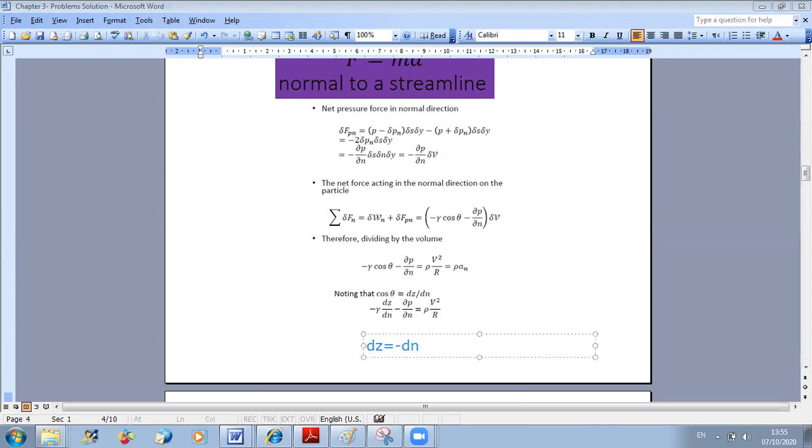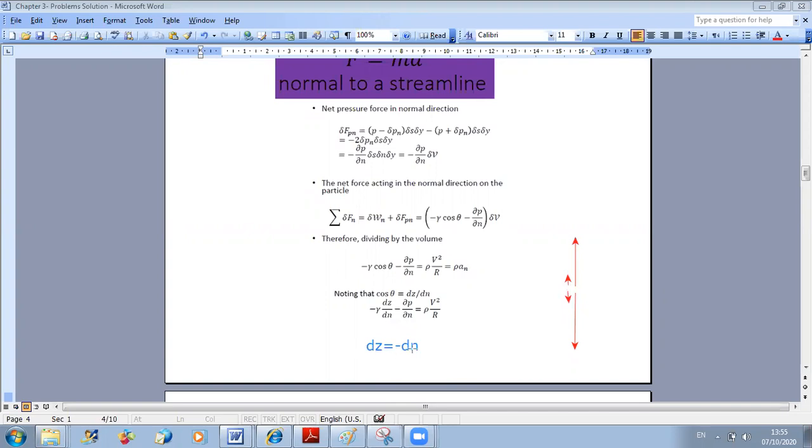Vertical? Yes, because z is up. No, look, k is upward and un is downward. K is up and un is down. So if you take dz, it's a small element in z. This is dz and this is dn. They are opposite.